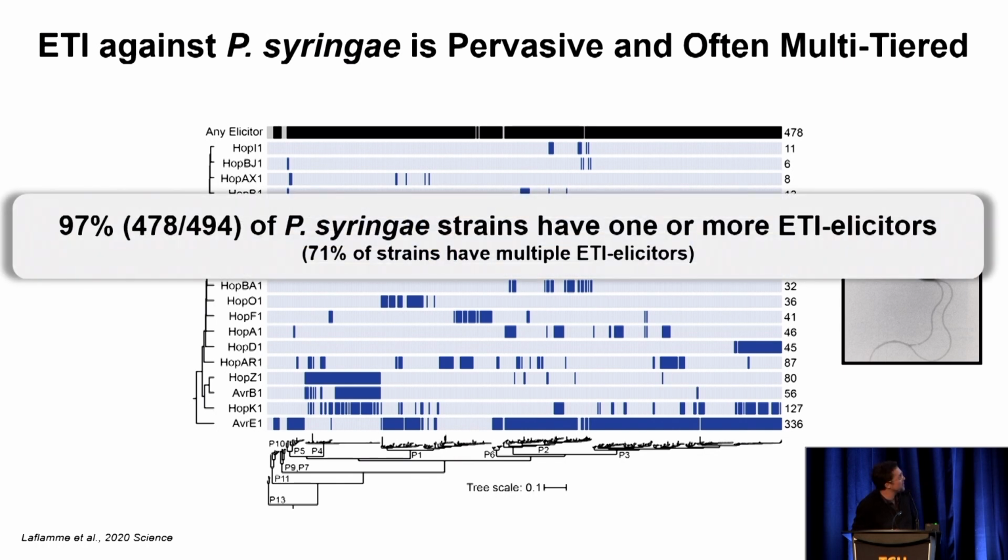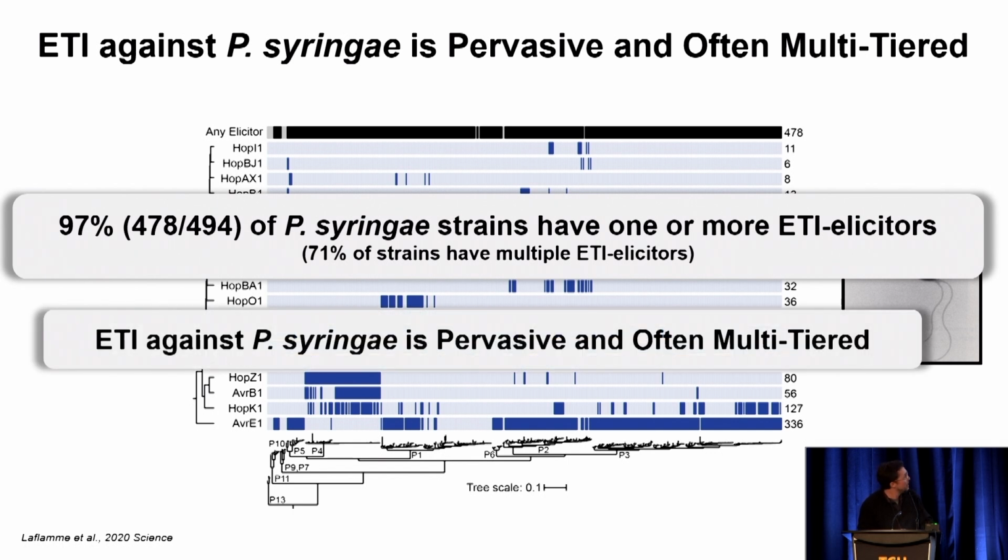And the take-home from this is that 97% of Pseudomonas syringae strains have at least one immune elicitor in Arabidopsis, all right? And in fact, 71% of the strains have multiple immune elicitors that would be recognized in Arabidopsis, meaning that, yes, this level, gene-for-gene resistance, is quite pervasive and can often be multi-tiered against a pathogen.